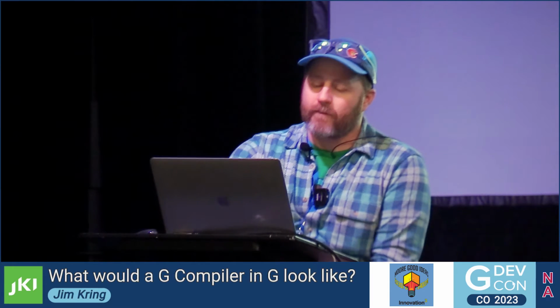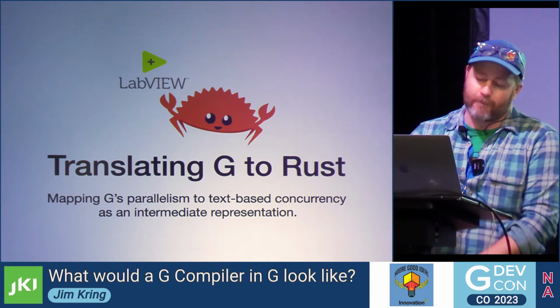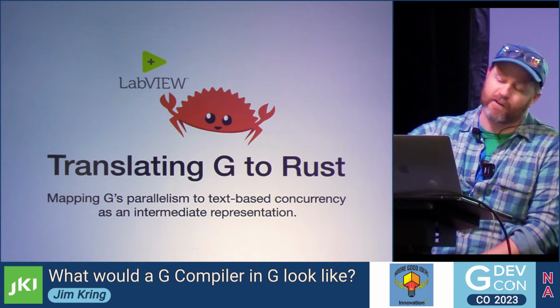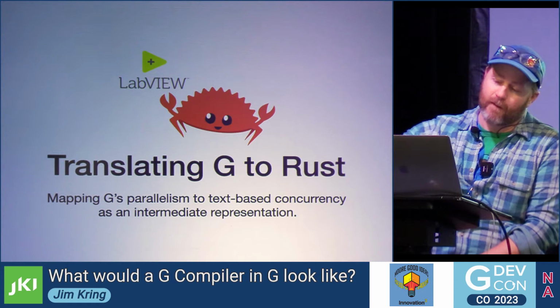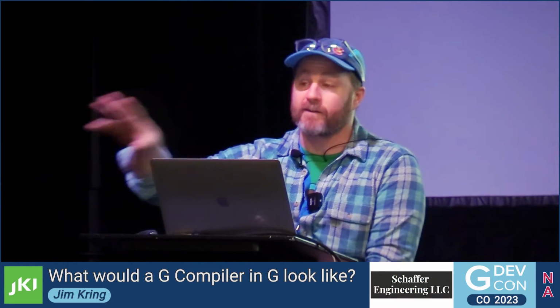So, another thing I'll mention about Rust: there were enough good reasons for me to want to learn Rust and interoperate with Rust that deciding to transpile to Rust also felt like cutting two carrots with one knife, so to speak.